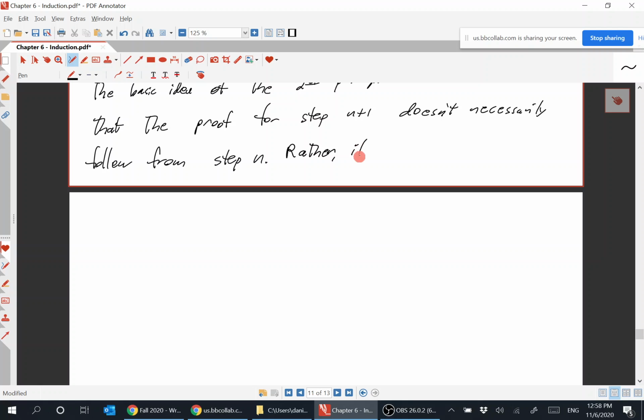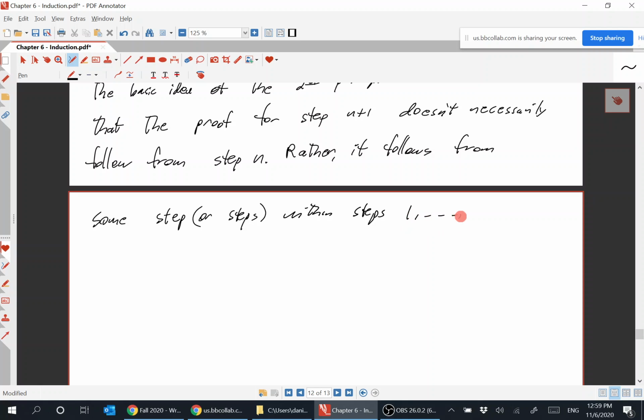Rather, it follows from some step or steps within steps 1 through n. So not every time does the next step follow from the previous step. The next step follows from some combination of previous steps.